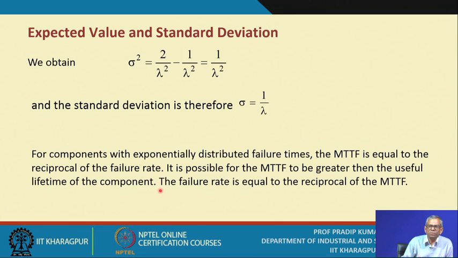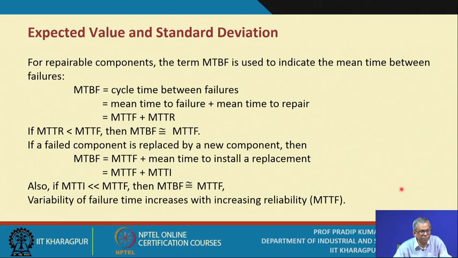You have pre-specified the useful life, which is the second phase in the life cycle curve or bathtub curve. So it may happen that MTTF is greater than the lifetime of the component. The failure rate is equal to the reciprocal of the MTTF.